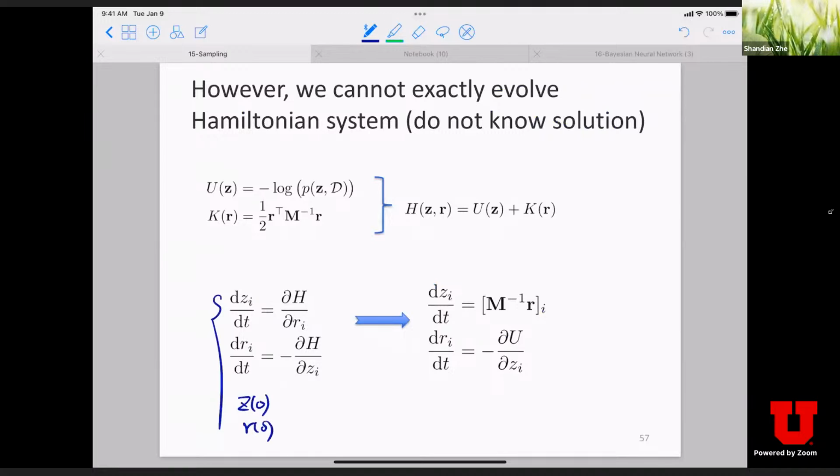As we mentioned, Z0 is your current sample in your Markov chain, and R0 is just a random sample from your prior distribution. And then you solve this system. When you exactly solve this system, that means you can exactly simulate the Hamiltonian system, and then all the nice properties are there. But unfortunately, we're not able to exactly solve it. And in practice, first, it doesn't have any analytical solution in most cases.